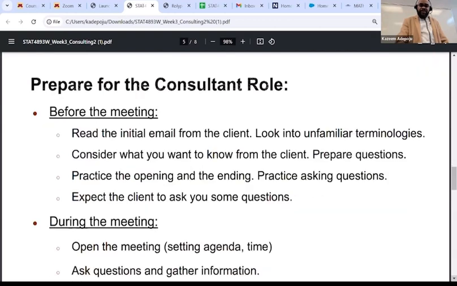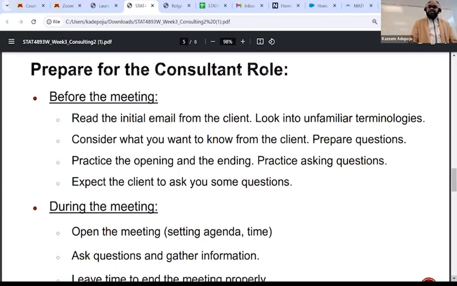Now for the consultant's role, who is believed to be somebody who has the technical skill of statistics. If you're playing a consultant role, before the meeting, we advise that you read the initial email from the client, because you may want to act as if the client has sent you an email, which is typically what is going to happen in the real world of consulting.